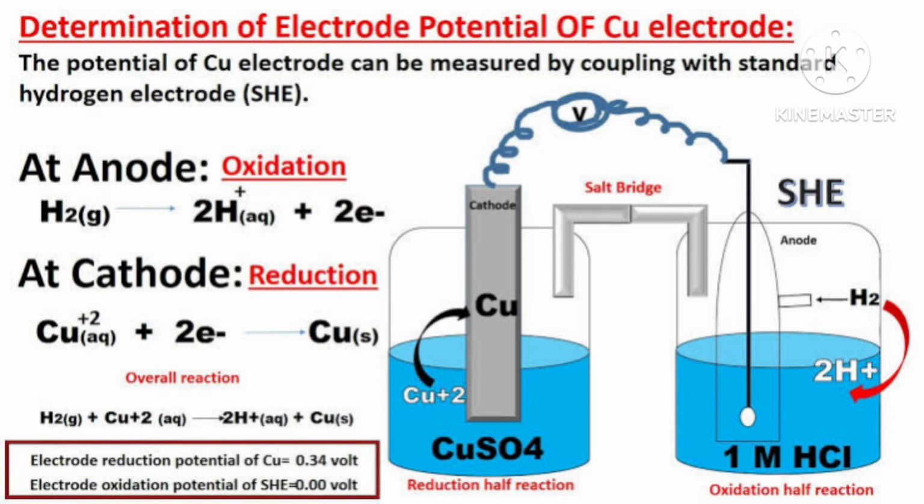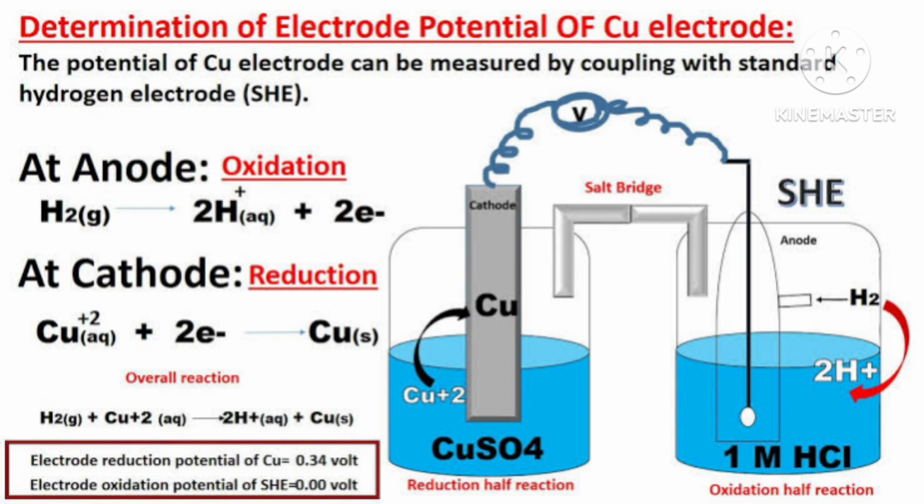Now come to the point: just to measure the volt, hydrogen gas electrode, the standard hydrogen electrode, SHE, is considered as the standard. They have considered its value as 0 volt, arbitrarily, without any consideration.